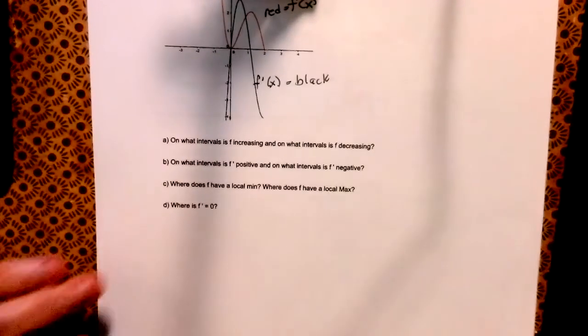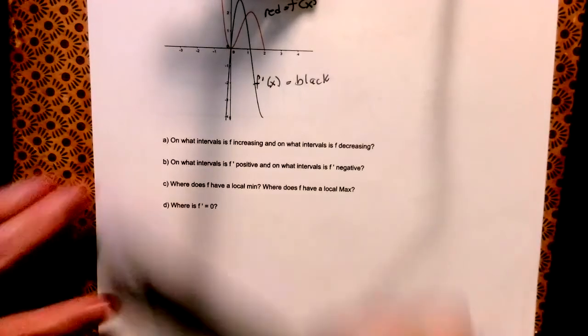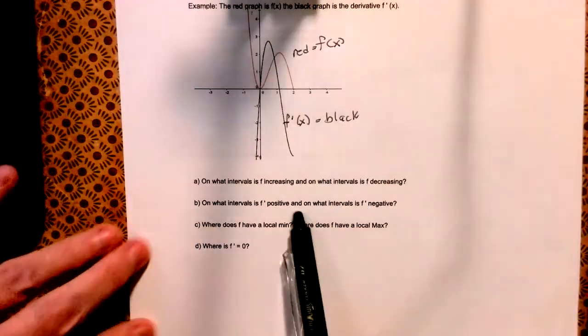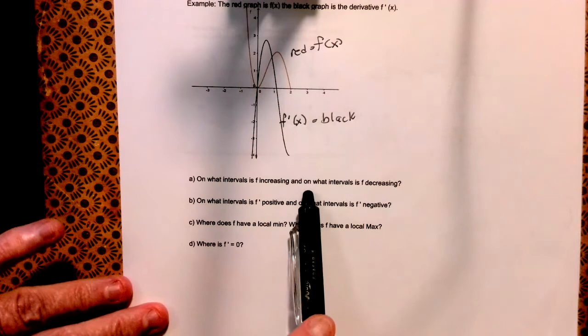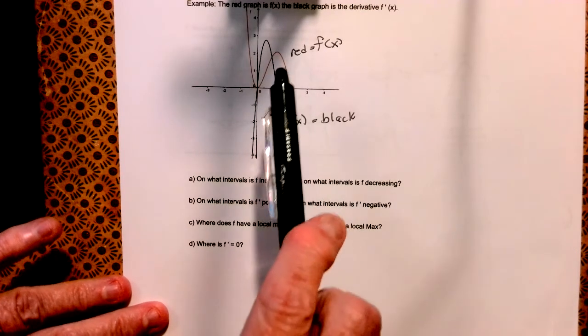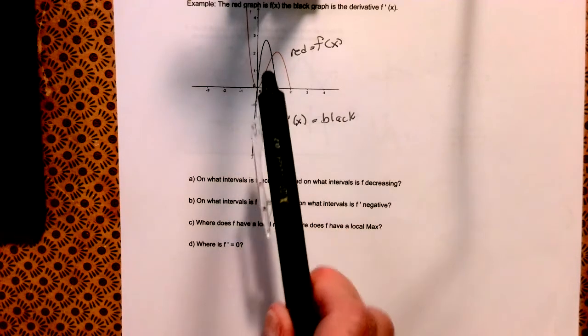So let me go some more because I'm going to ask some questions. It says, on what interval is f increasing and on what interval is f decreasing. So remember, the red is f.